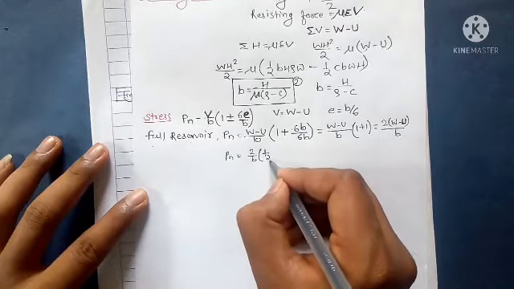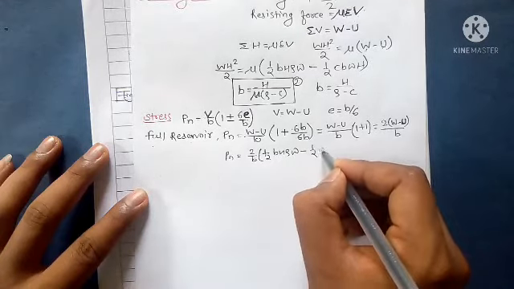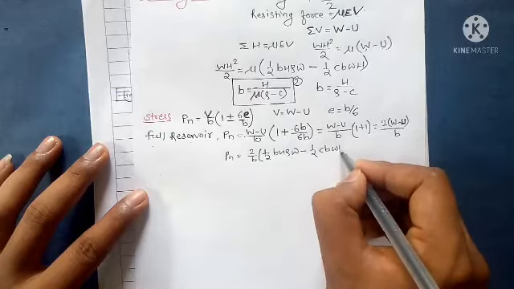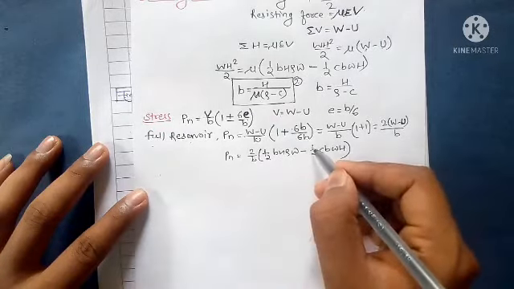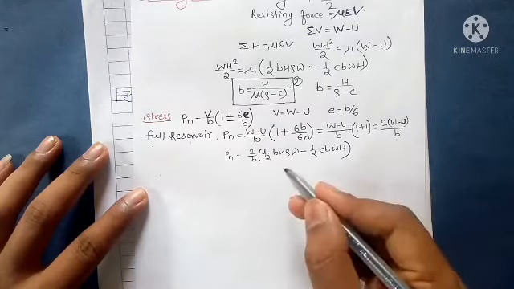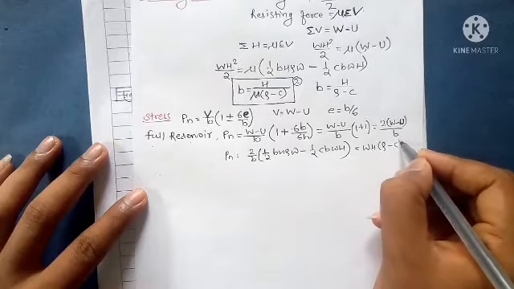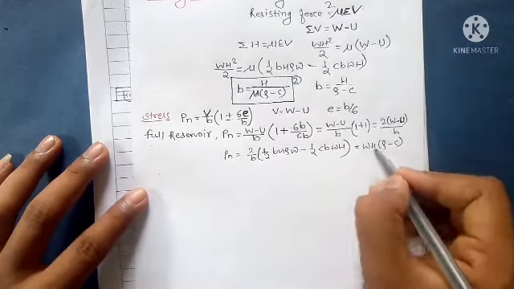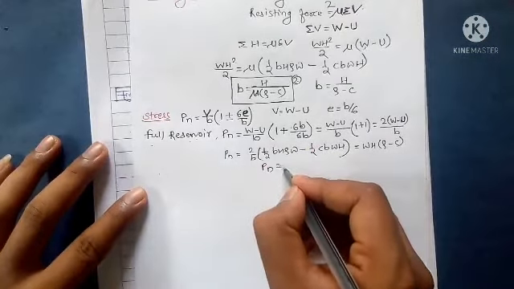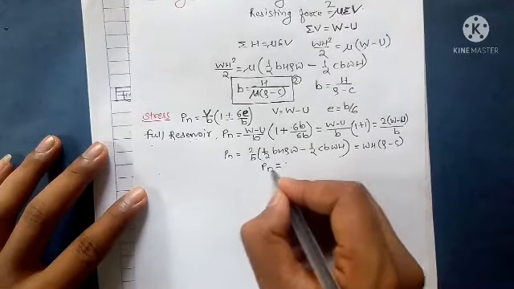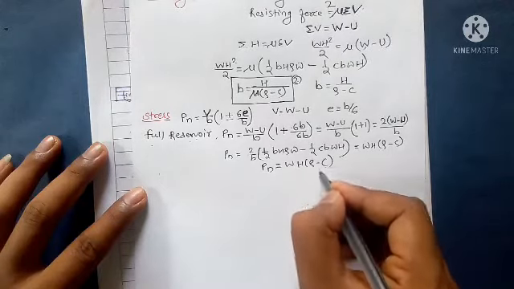For W, half B H rho, and U is half C B w H. We put here the value of W and the value of U. By simplifying this, we get wH upon (rho minus C). So for the full reservoir condition, the normal stress at the toe is Pn equal to wH (rho minus C).